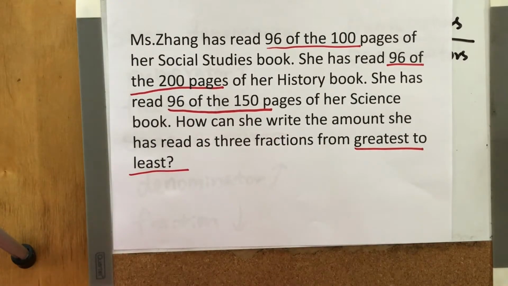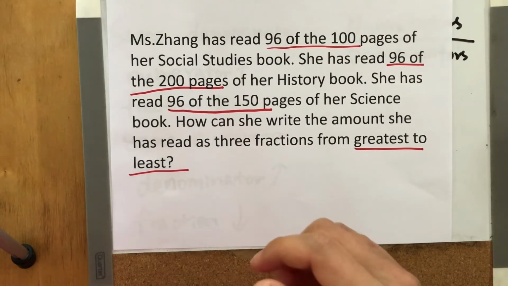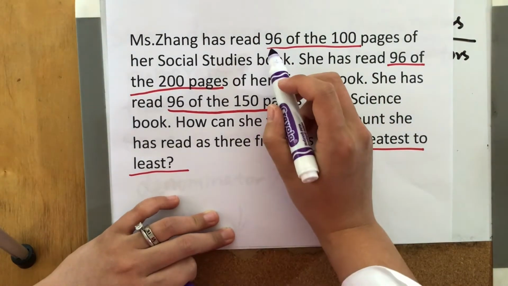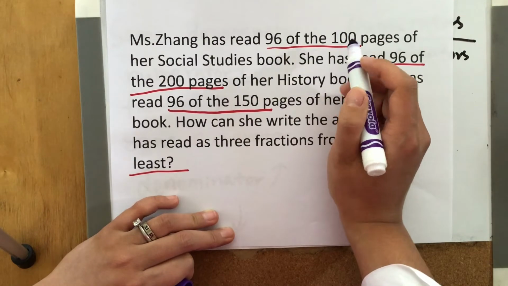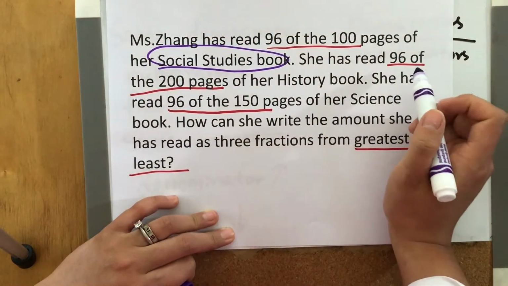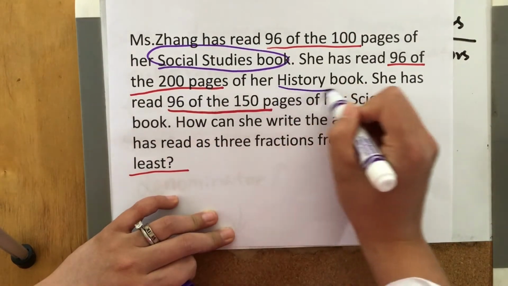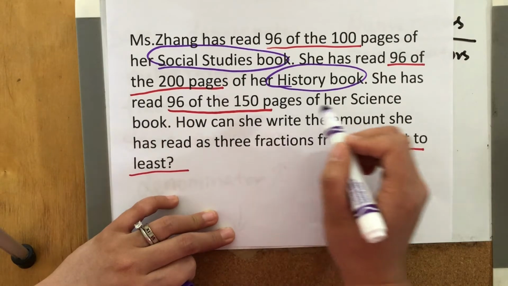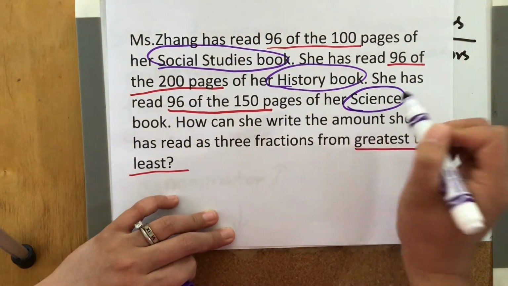Alright, let's change the color, and we got some more information. 96 of 100 pages social studies. 96 of 200 pages history book. 96 of 150 pages of her science book.